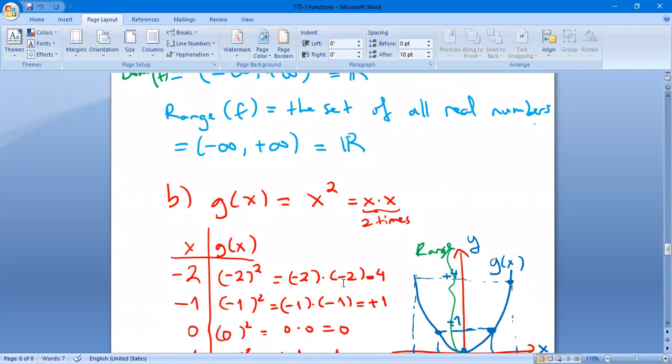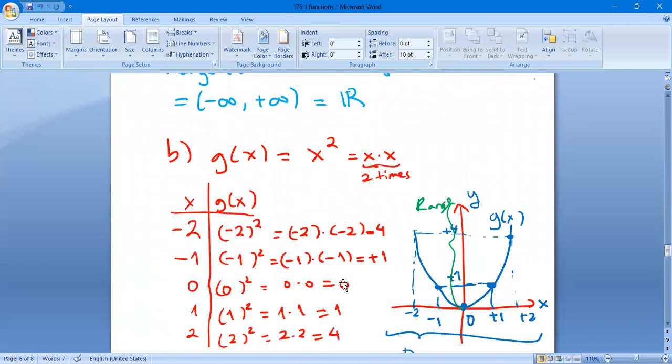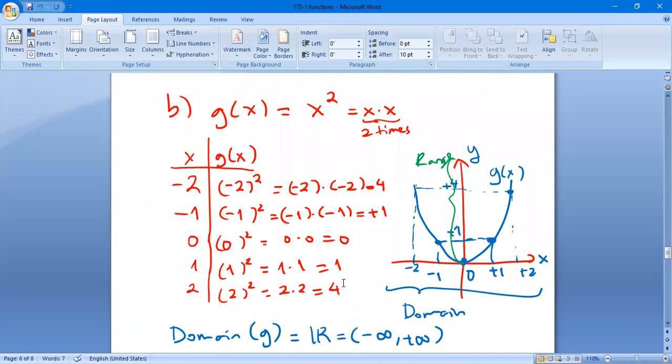The second function was g of x equals x squared. So that means x times x, 2 times. So we can pick a bunch of points, let's say -2. So then -2 squared is -2 times -2, which is +4. We can pick -1. -1 squared is -1 times -1, which is +1. 0 squared is equal to 0 times 0, which is 0. 1 squared is equal to 1 times 1, that's equal to 1.